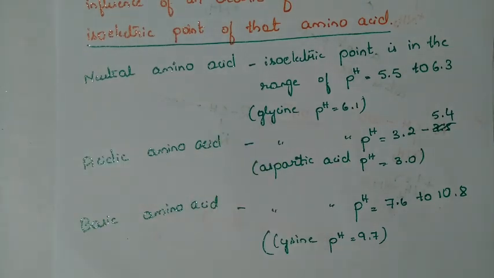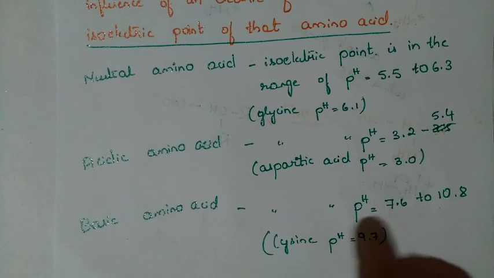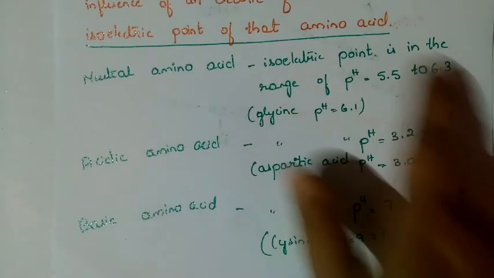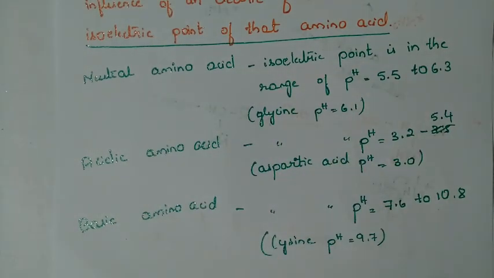So here is the classification: acidic, basic and neutral. The isoelectric point ranges are not there in the NCERT textbook.